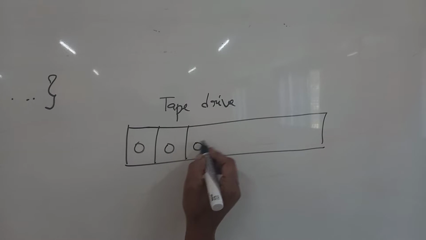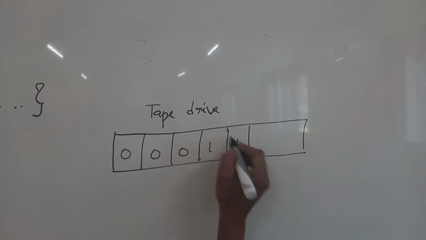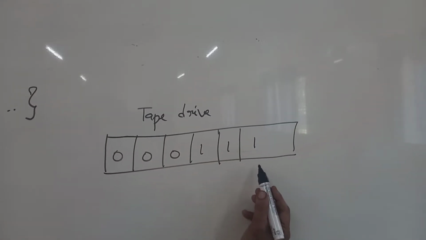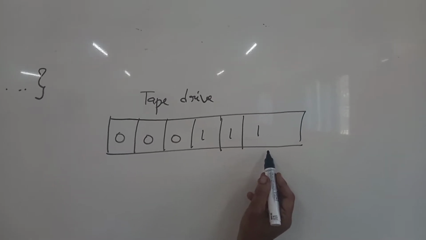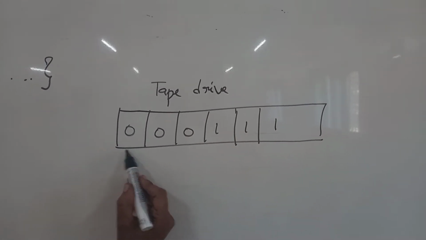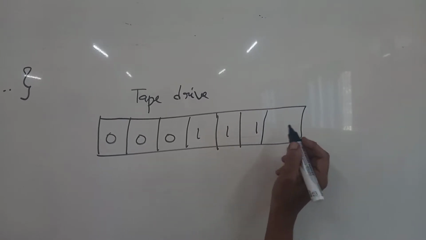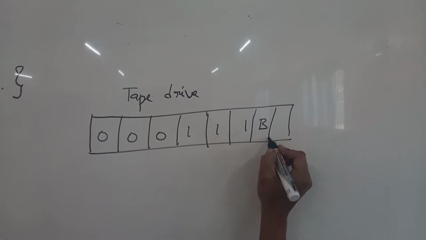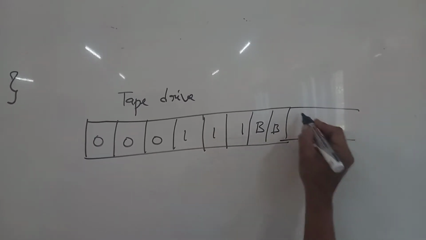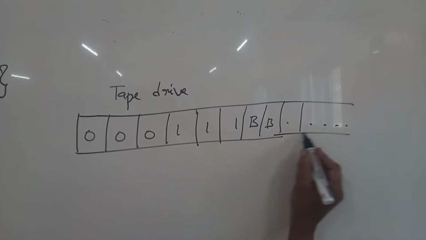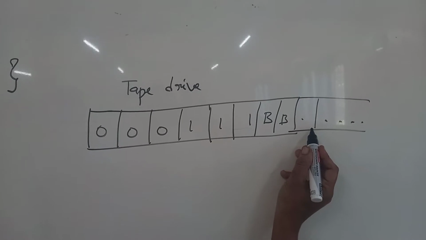The tape drive is an infinite sequence of symbols, and we have inserted the string into it, and the remaining cells will be replaced with a blank space. Here I will take B for the blank space, and all these spaces will be replaced with a blank.